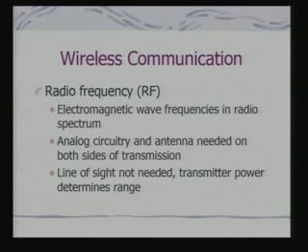The other option of this kind of communication or networking of devices together is using protocols in radio frequency. We had looked at infrared, now radio frequency. So, here the electromagnetic wave frequencies in the radio spectrum are what is used. Obviously, you would require the analog circuitry and antenna needed on both sides of transmission. The advantage here is line of sight is not needed and transmitter power determines the range.